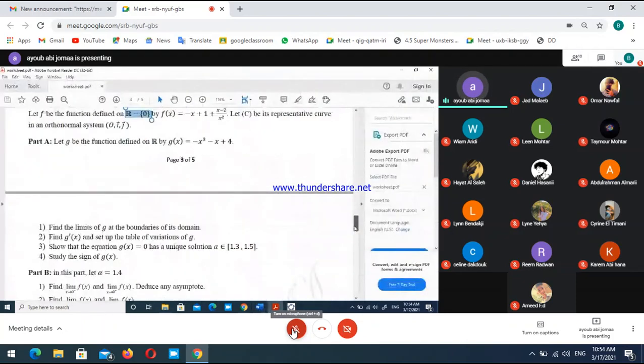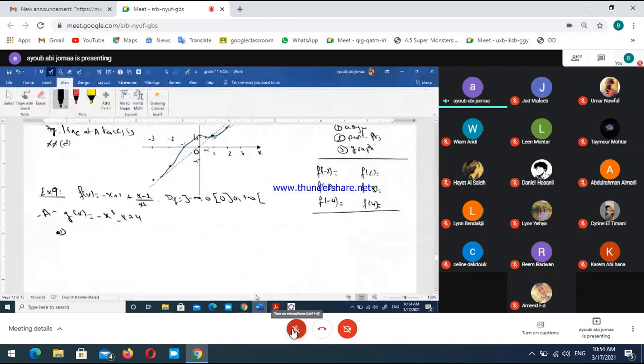Find the limits at the boundaries. The domain here is negative infinity to positive infinity, since it's a polynomial function. The question: find the limits at the boundaries. What are the boundaries?